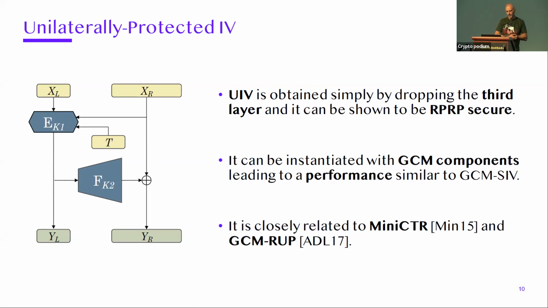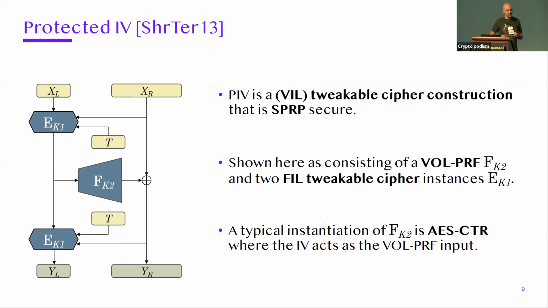Okay. Yeah, that's a good question. So for example, one thing that made it clear is that when you have 3 layers, you need at least 2 passes over both enciphering and deciphering over the data. When you remove one, you will have a similar effect to what you have with GCM-SIV or SIV, essentially that enciphering will require 2 passes, but deciphering will require only 1 pass because the 2 can be parallelized together.